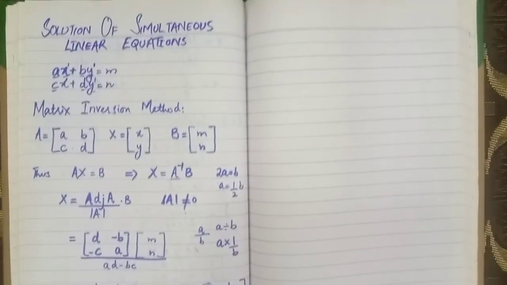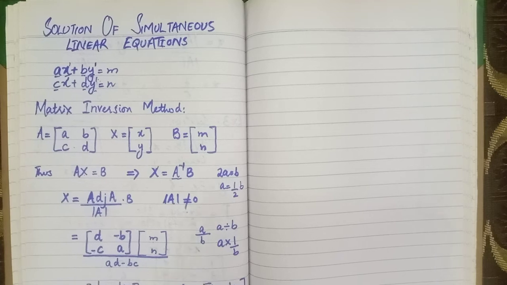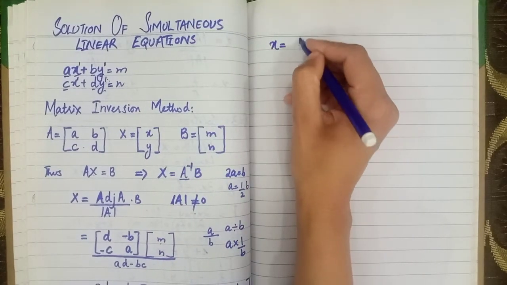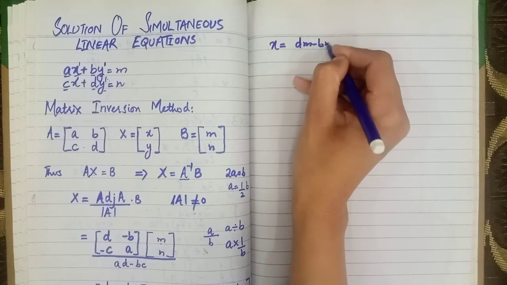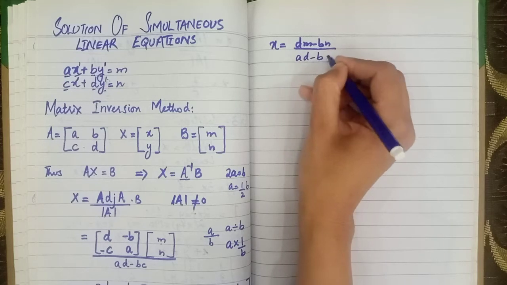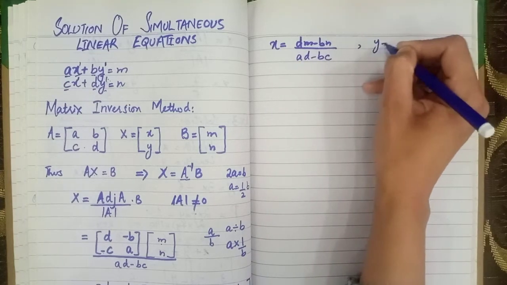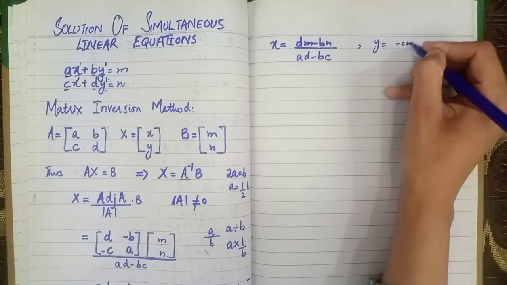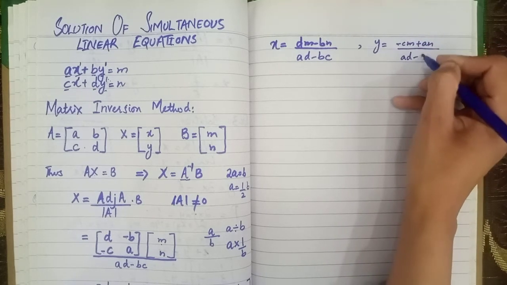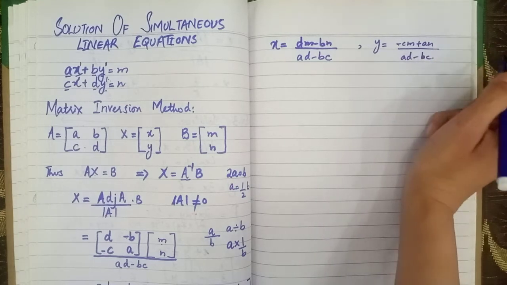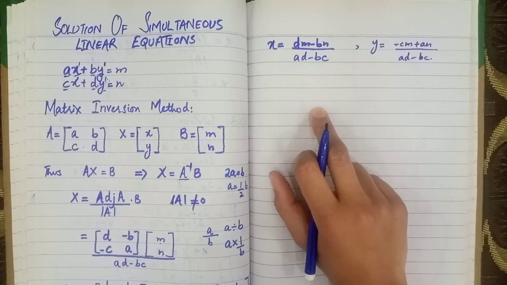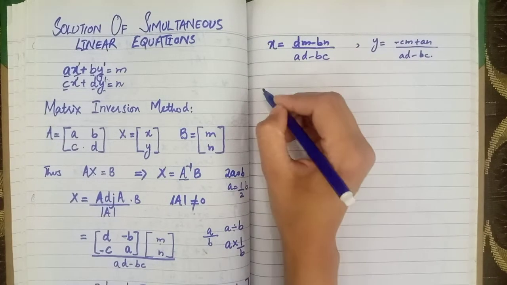So here you go. x is equal to dm minus bn divided by ad minus bc, and y is equal to minus cm plus an divided by ad minus bc. That was a simple rule which is called the matrix inversion method. Now Cramer's rule.